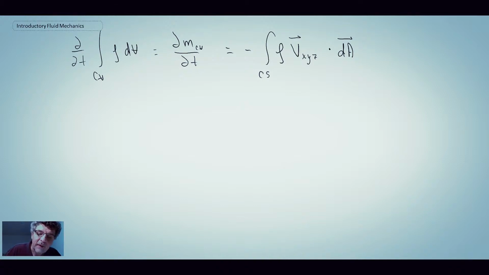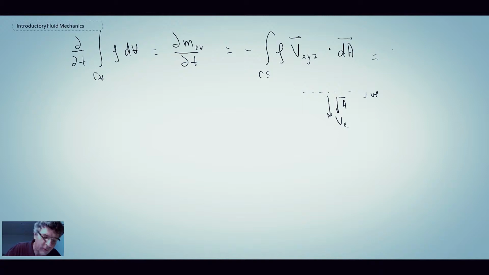So with this, if we're looking at the bottom of our rocket, we have to be careful here with the dot product. Essentially we have a control surface like this. The velocity vector leaving is in this direction, the area vector is in that direction, and consequently this turns out to be positive when we do the dot product.